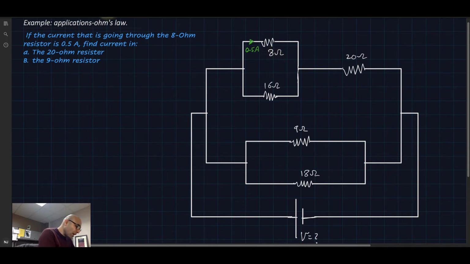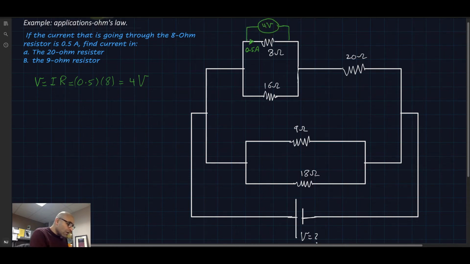What can we do with that? We can find that the voltage is equal to I times R, where I is 0.5 and R is 8. Multiply those and you get 4 volts. So the voltage drop across here is 4 volts.